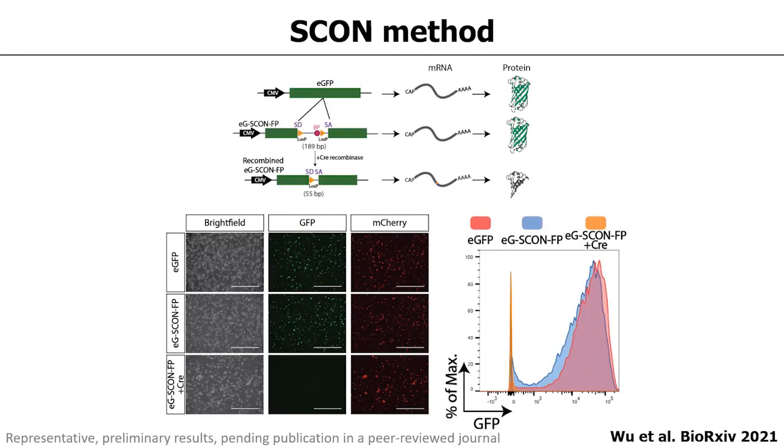We think that we are one of the groups actually solving this problem. What we have made is a short conditional intron, which we call SCON. The method uses a conditional intron that is only about 189 base pairs long. If it is in an EGFP cDNA, it has perfect splicing function, so the intron is spliced out and you can still observe very nice protein expression.